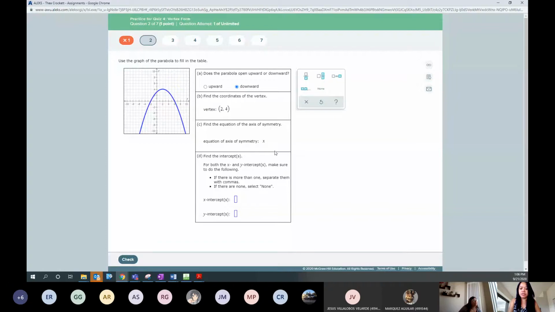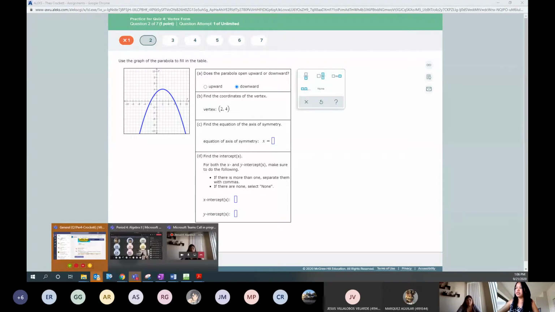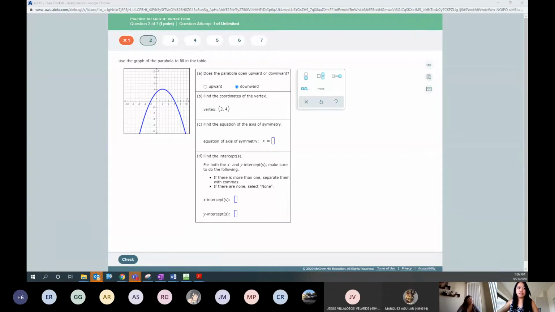What is the axis of symmetry? x is equal to what? Where is the axis of symmetry? If we create a line, and so let's see.